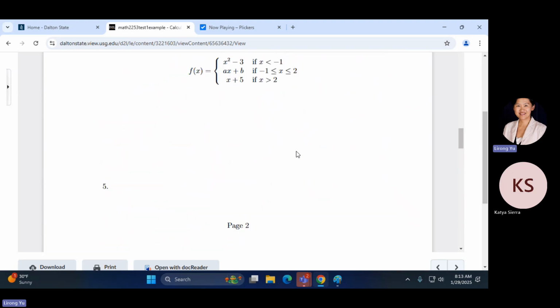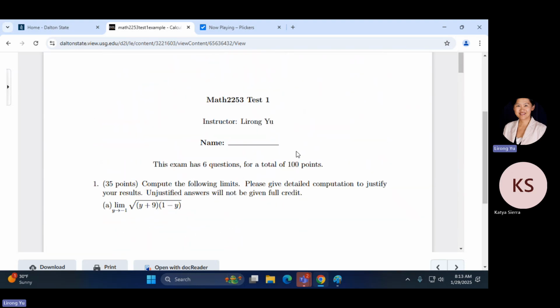So that's pretty much the structure of the test. It won't be exactly that way; that was just an example. This is not the real test, but it will be very similar to the real test. Hopefully this gives us some comfort that you already know how the test will be structured.